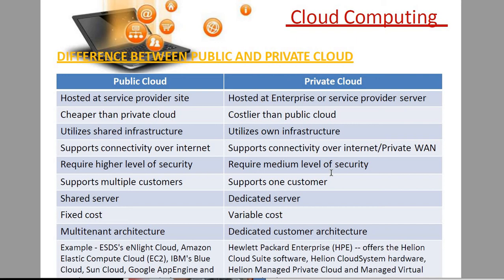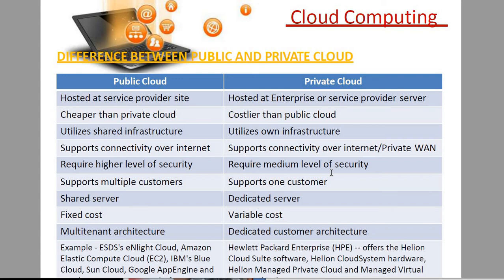To keep their data private, they host this cloud at the enterprise or a service provider server. Public clouds are cheaper. Obviously, if anyone can use it, then it should be cheaper than the private cloud. But private clouds are costlier because they need privacy.